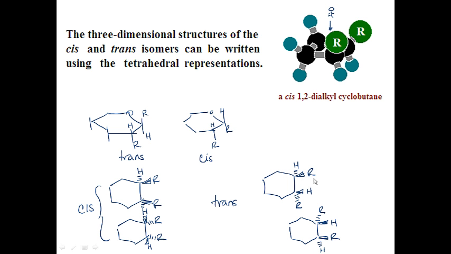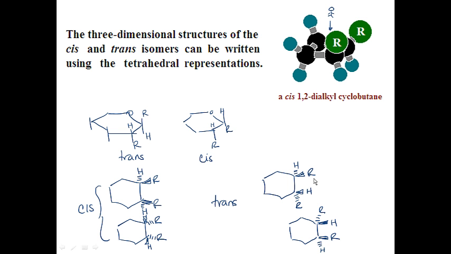So what we're going to build up to here in a minute is that if you're given the cis or the trans stereoisomer, you need to make sure that you include that in the name of your cycloalkane. But in order for you to include that in the name, you need to be shown explicitly what you're looking at.